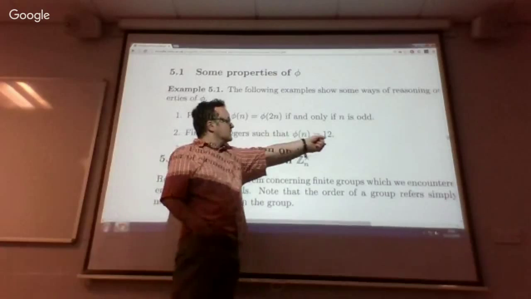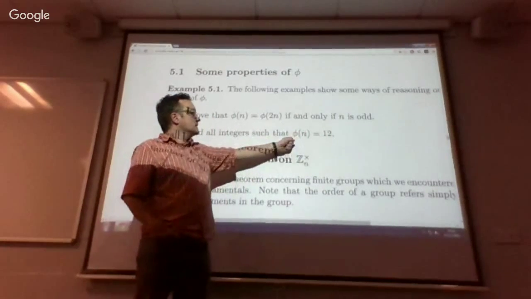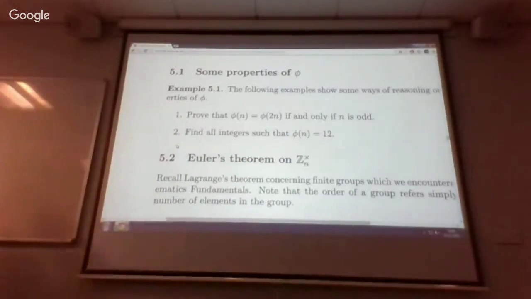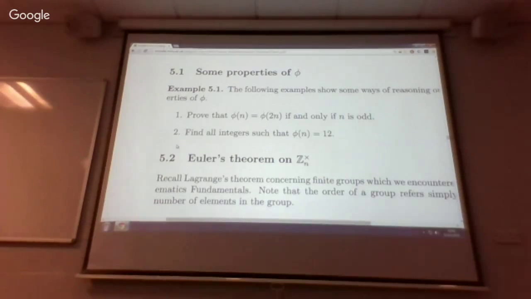We're going to solve this equation for n. We're going to find all the moduli n that have phi of n equal to 12. So we're finding all the numbers n for which the multiplicative group of congruence classes modulo n is of size 12. That's what we'll be doing when we're answering that question.